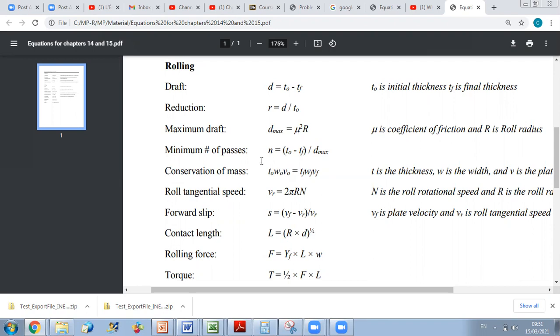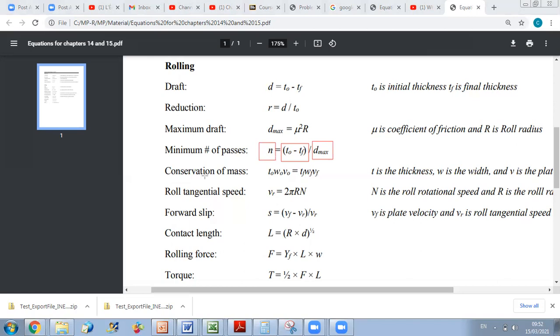In case we need to achieve a higher draft than d maximum, we need multiple passes. So the minimum number of passes will be equal to the total draft to achieve, which is t0 minus tf, over the maximum draft per pass. This will give you the minimum number of passes required to perform the operation.